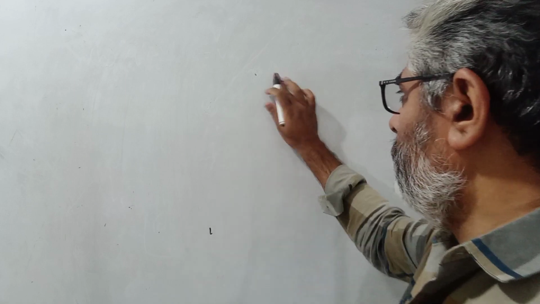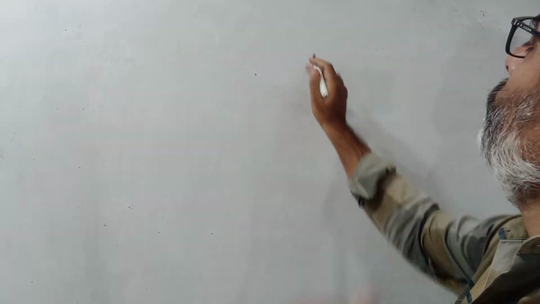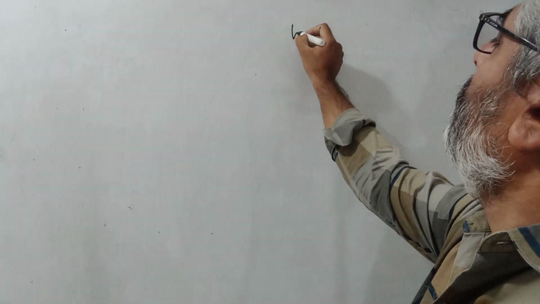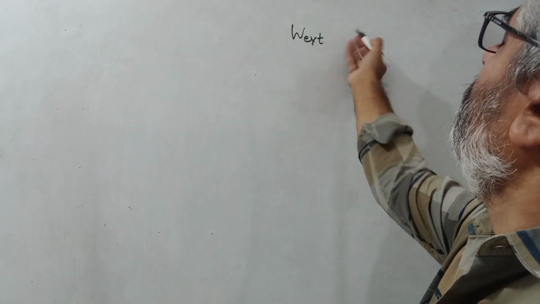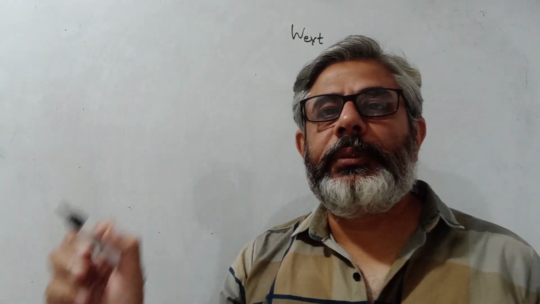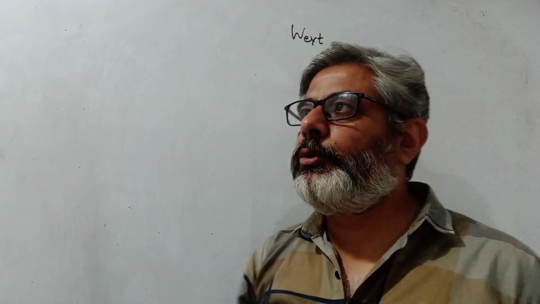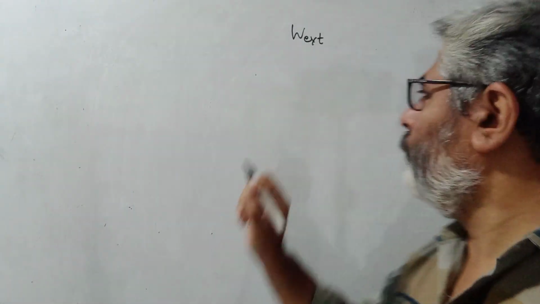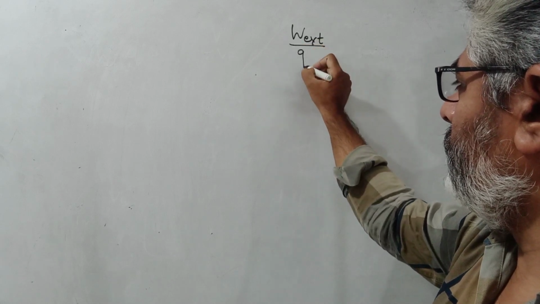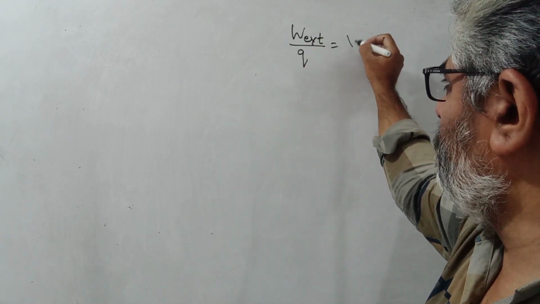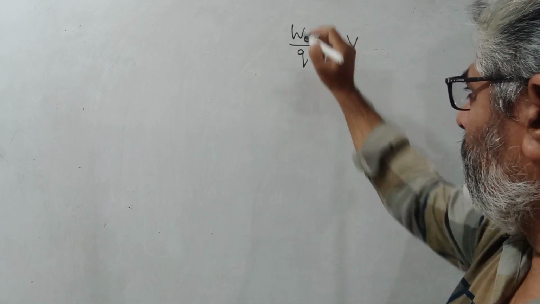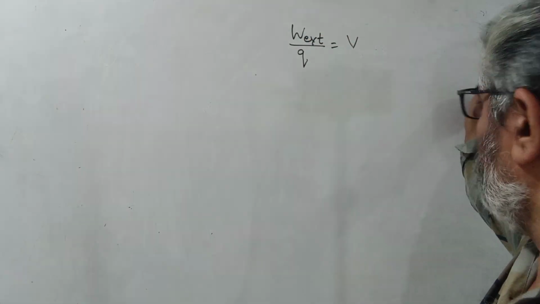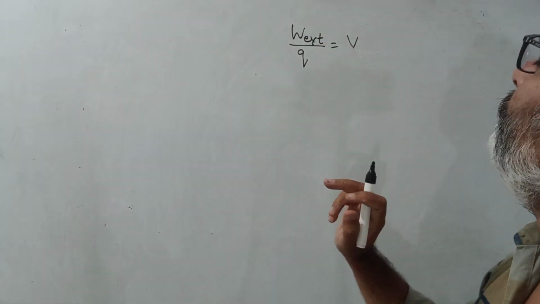So let me tell you what I told you: work done by an external force in bringing it from a reference point to the given point is called the value of potential. So work done per unit charge is defined as the potential, and this work is done in bringing it from the reference point to a given point.